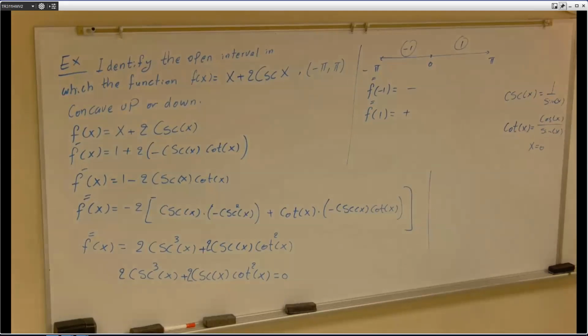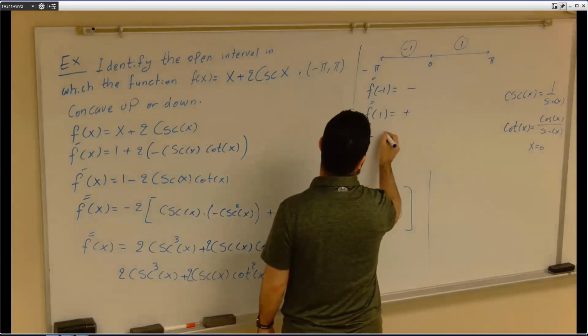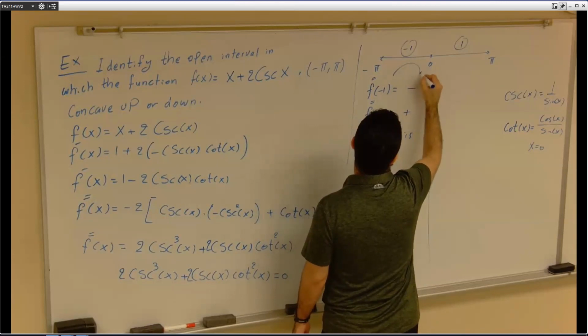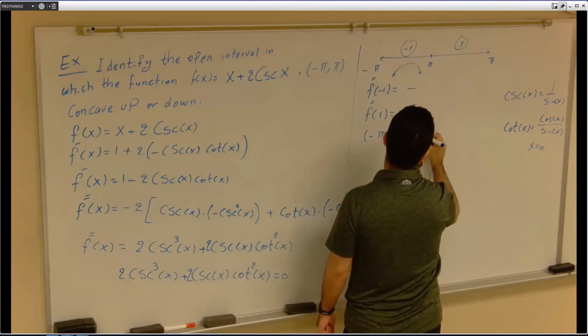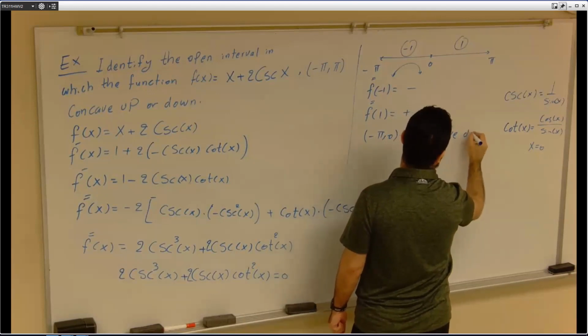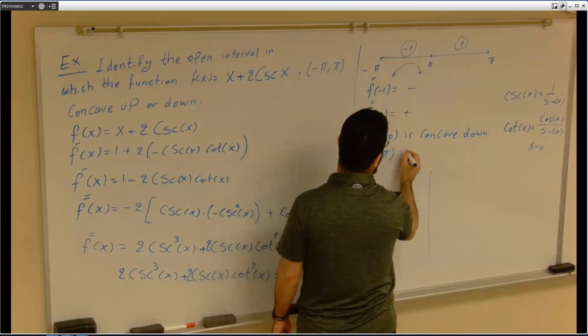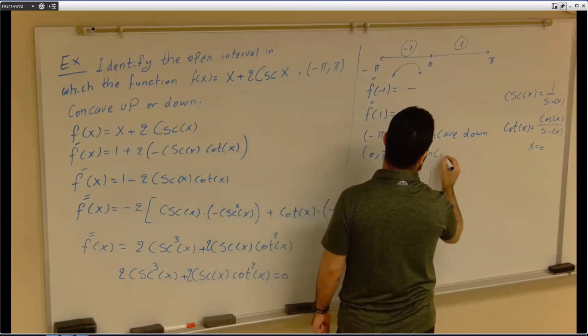As a result, from negative pi to 0 is concave down, and from 0 to pi is concave up.